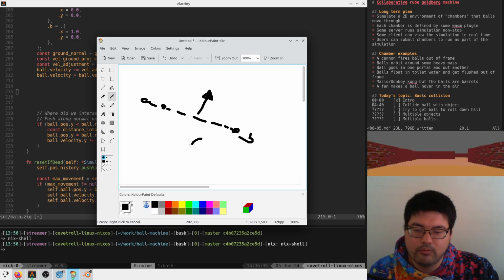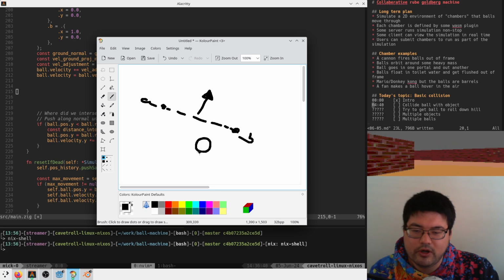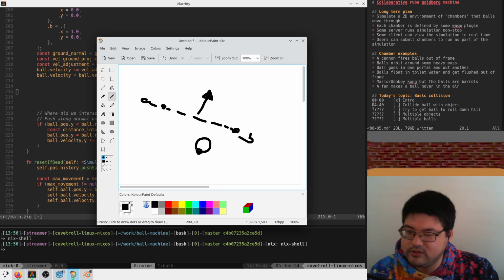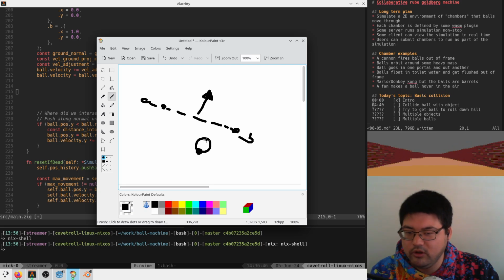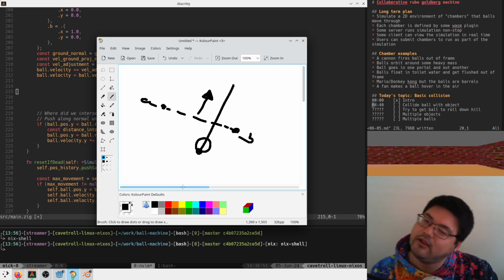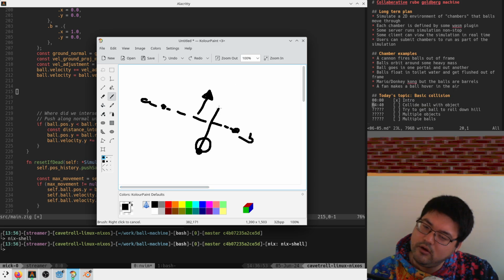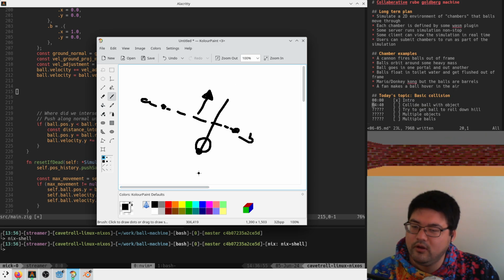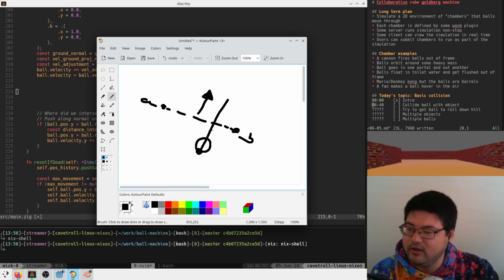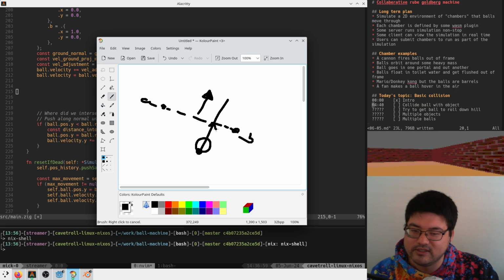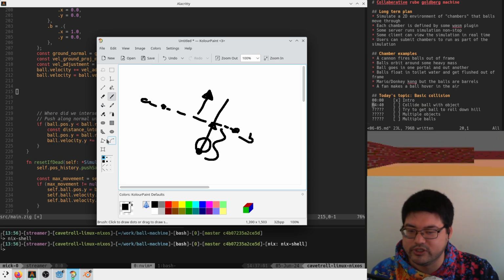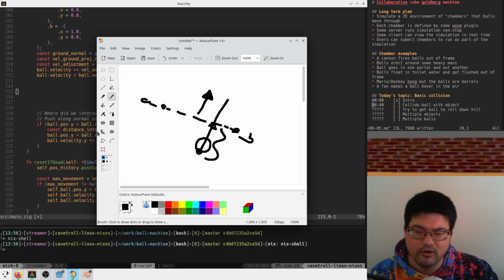So I guess we have our ball, and we want to say at the point that's closest to the wall, furthest away from the normal, where does this line intersect with that line? And then when we have that, we can calculate this distance here and then just push it out by that amount.